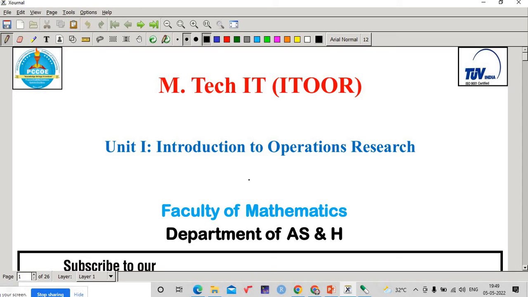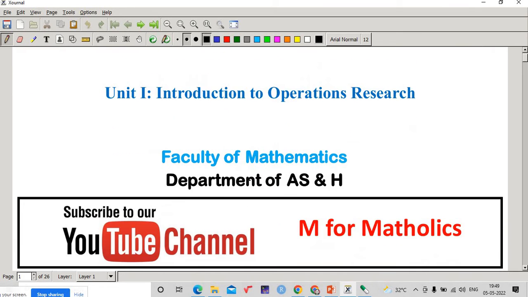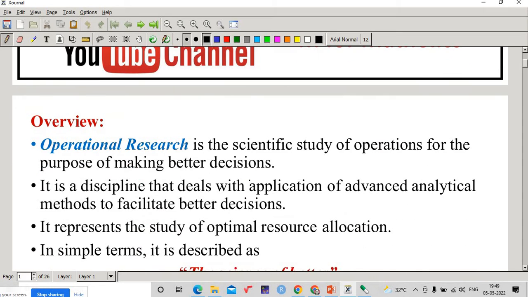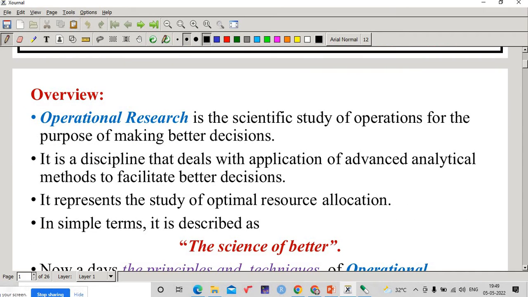So this lecture might be a little theoretical for you, but bear with it, because this particular topic, which is completely theoretical, may have questions in examinations too.